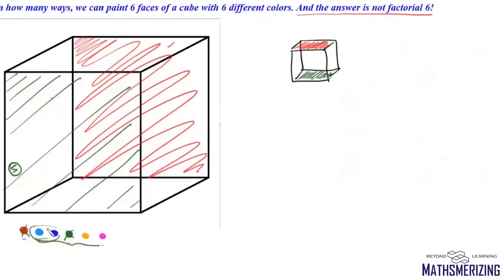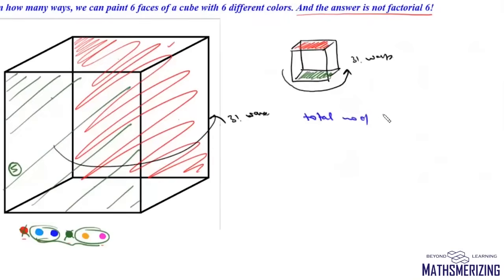Now we are left with 4 colors and 4 faces. Now the problem looks familiar. All these 4 faces are similar to an arrangement on a circle. So 4 objects on a circle can be arranged in factorial 3 ways. So all these 4 faces can be painted in factorial 3 ways.